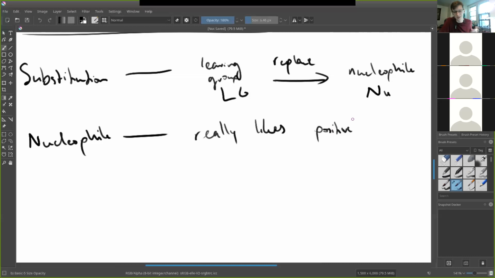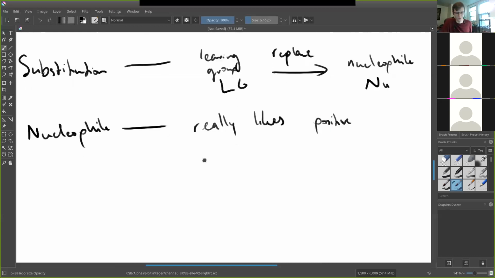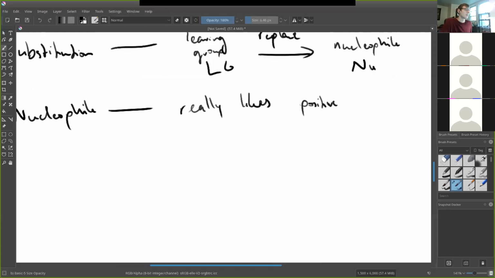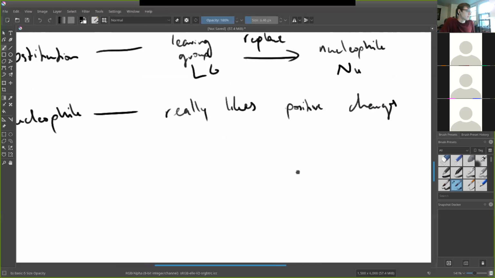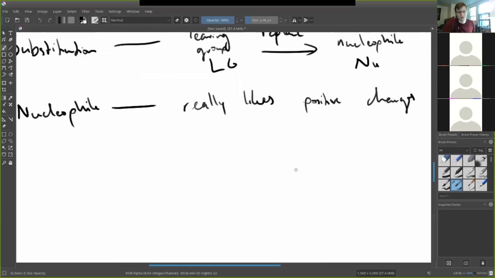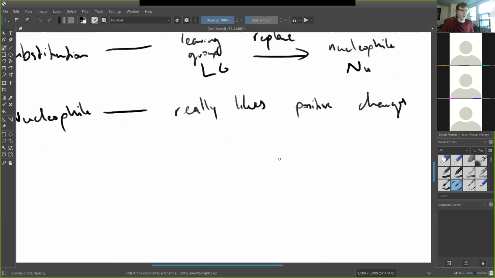The nucleus is positively charged, so it likes nuclei. I don't know. This is like the literal definition. It's not very practical, so I'm just going to get rid of it. It doesn't tell you a lot about what it actually is.